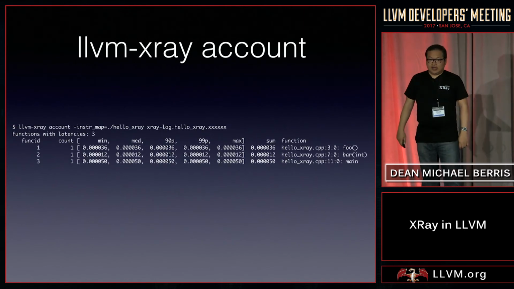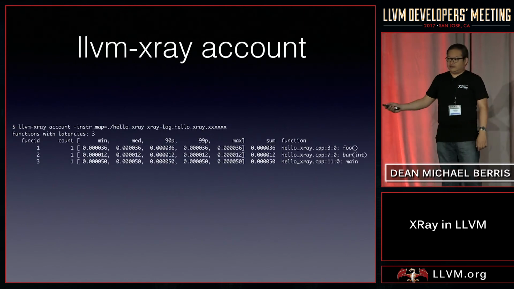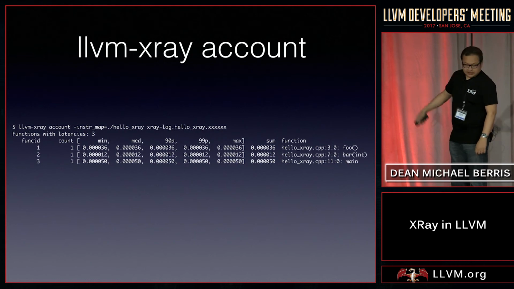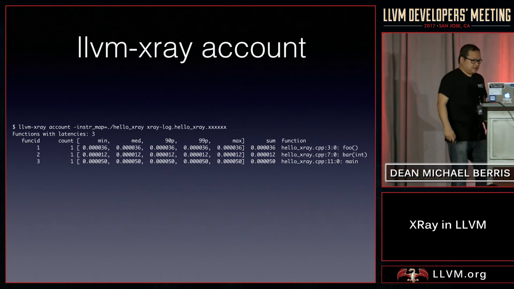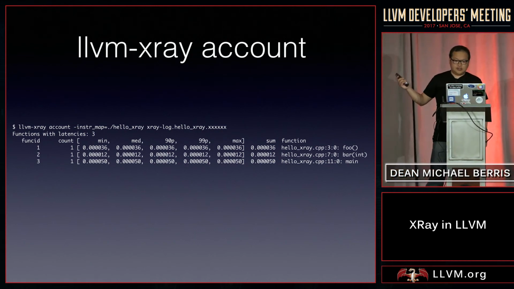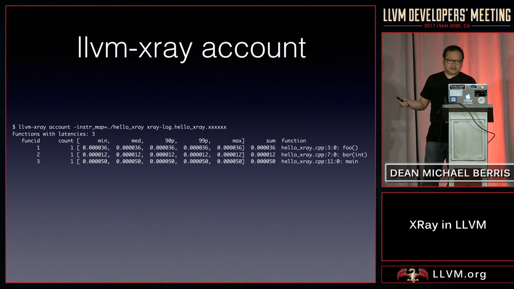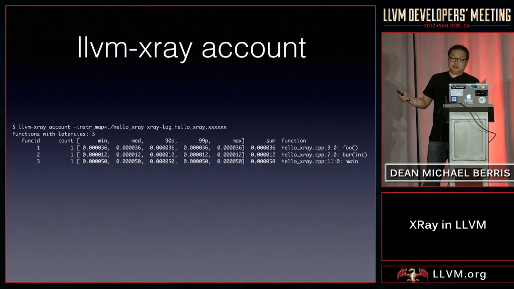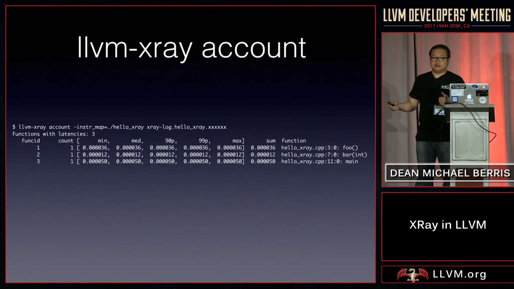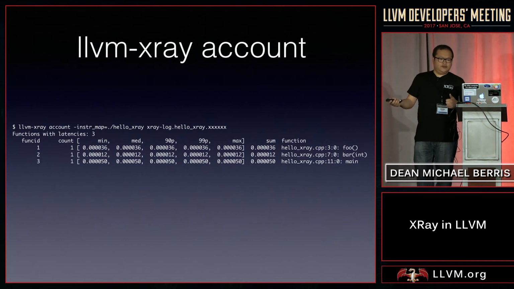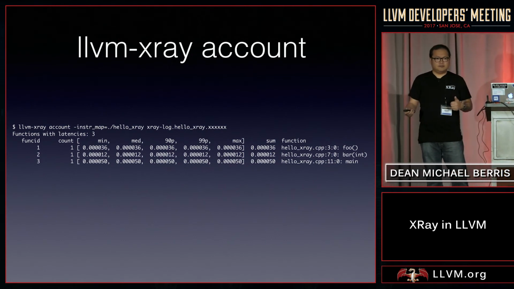So we can also account the functions. Here we have a distribution. It's not easily seen, but this is for the naive mode. We can see foo was called once, and the minimum was 36 microseconds. Maximum was 36 microseconds. If you recall, foo was printing hello X-ray.